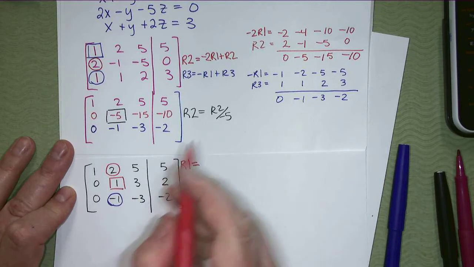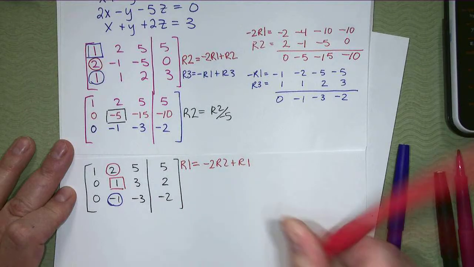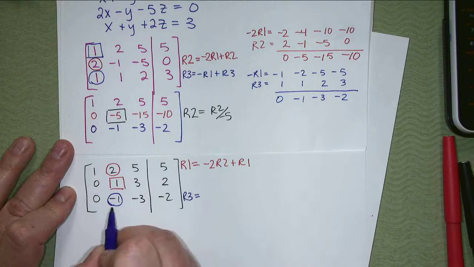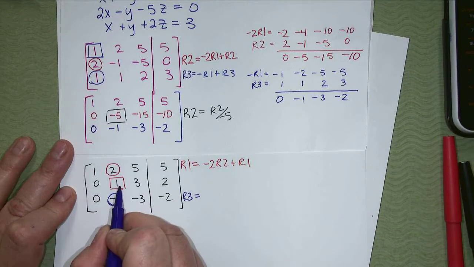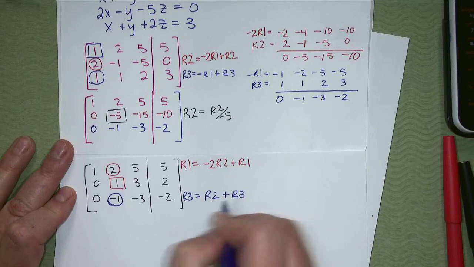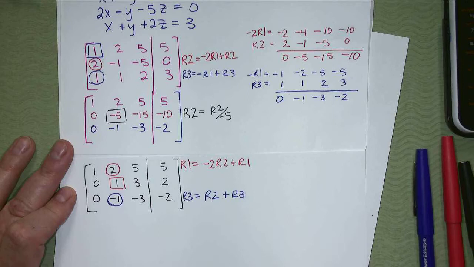That's row 1. And row 3, that's a -1, so the 1 needs to be a +1, it already is, so row 2 plus row 3. Just add them together. I sometimes don't show a step where we're just adding them together, but we will if we're in class. -2, row 2.